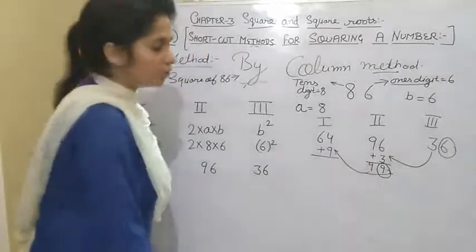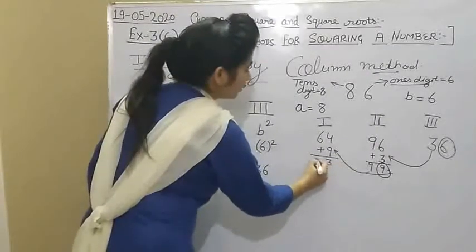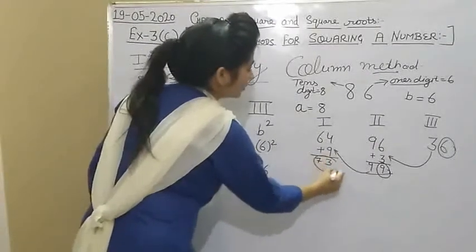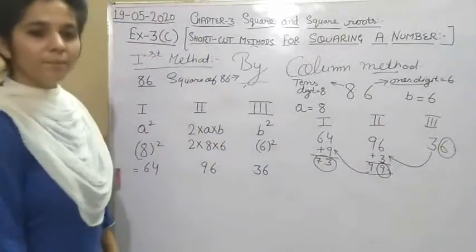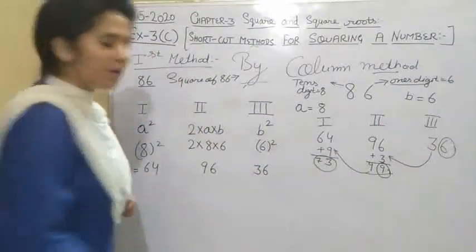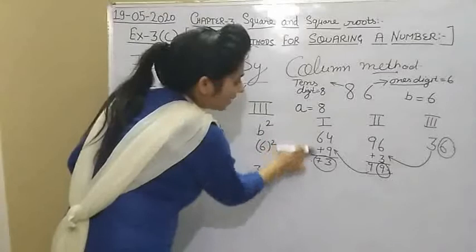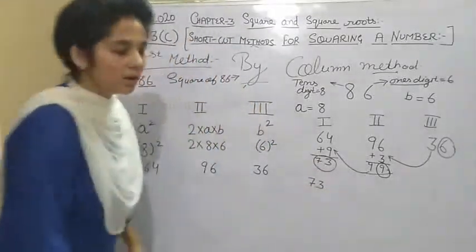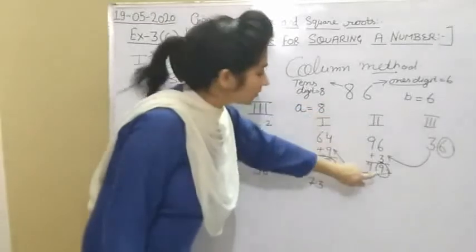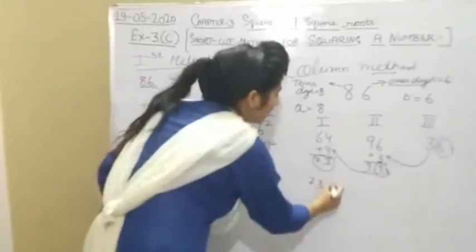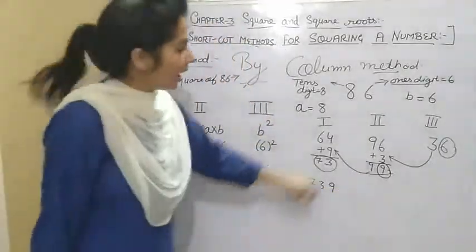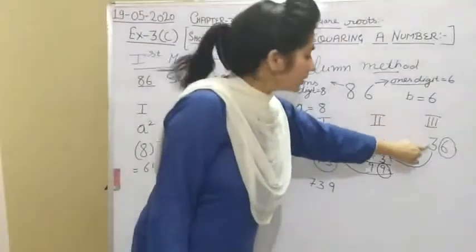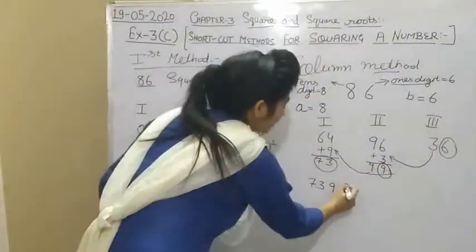That is equal to 73. The required number is: from the first column, the circled digit is 73. From the second column, the circled digit is 9, and from the third column, the circled digit is 6.